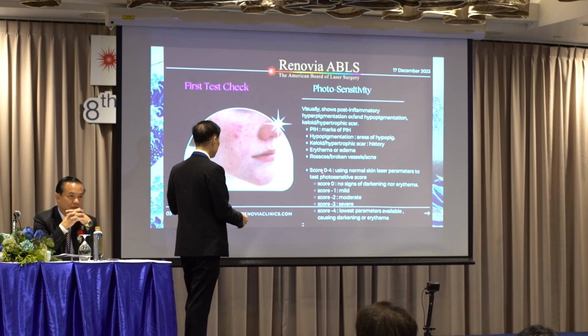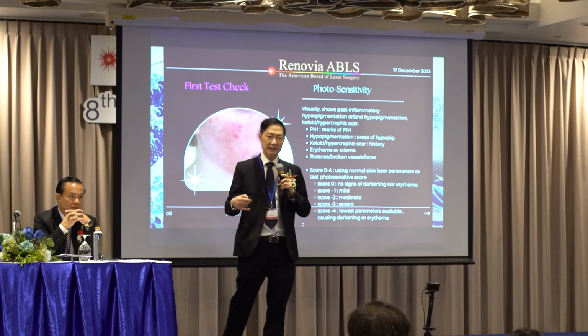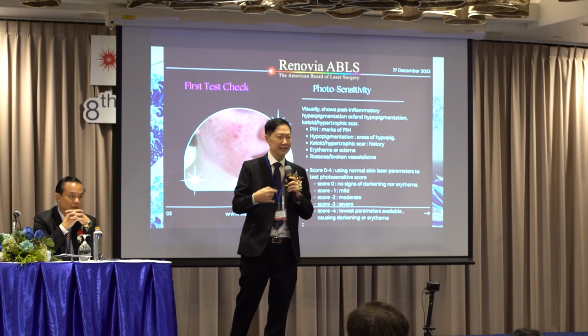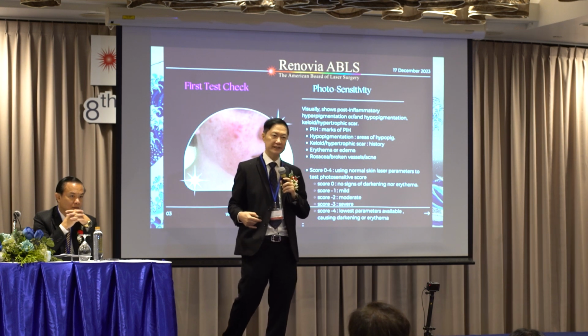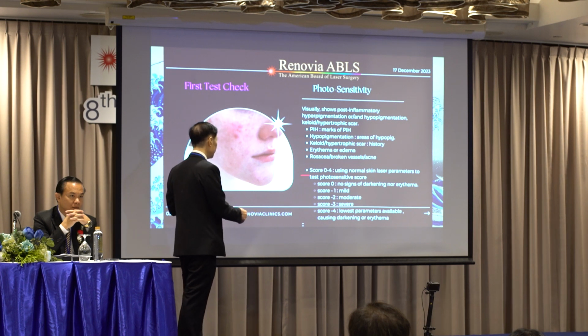And we score it 0 to 4 from the normal skin parameter, using the testing guideline for each energy base to test the normal person. That is the baseline. We make their score 0.